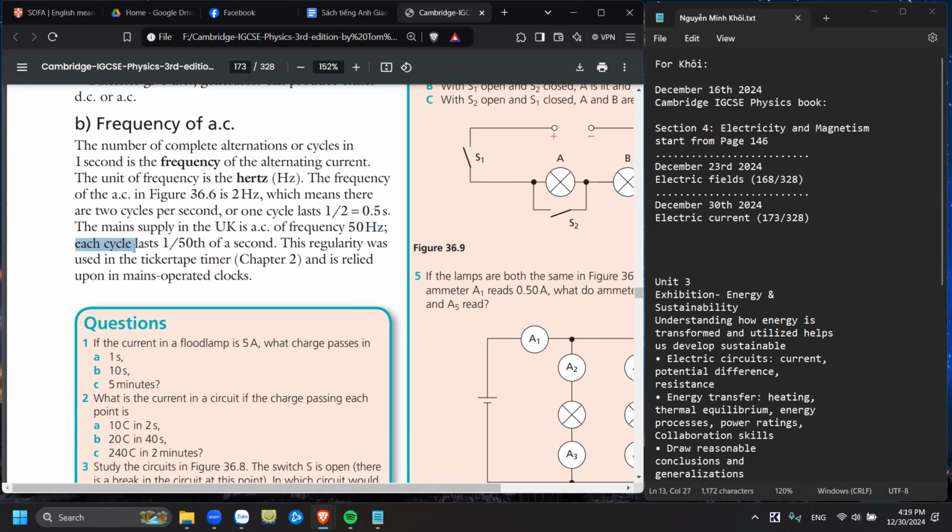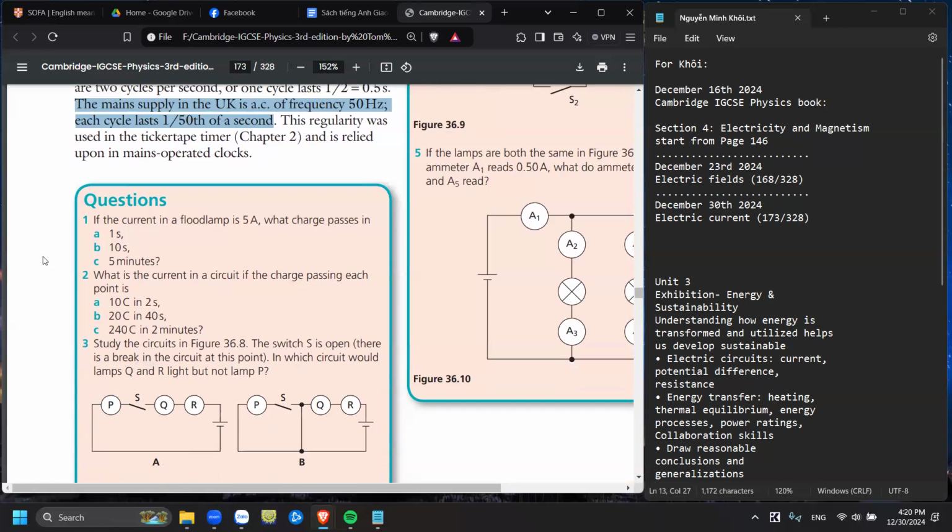Each cycle, at 50 hertz, lasts only 1/50th of a second, very fast. This regularity was used in a ticker tape timer in chapter 2 and relied upon in mains operated clocks and something like that. You don't need to know this.